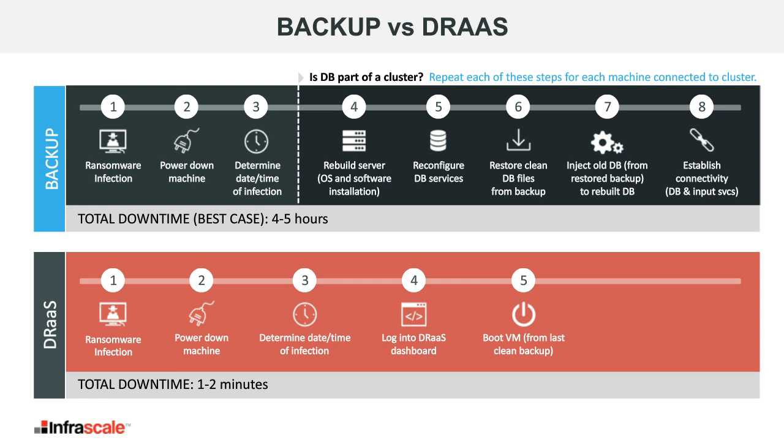With this DRaaS solution, the total downtime is about 1 to 2 minutes. Looking at that 4 to 5 hours in comparison to 1 to 2 minutes, that's saving a ton of time and money because of the simplicity of the steps in this DR solution.